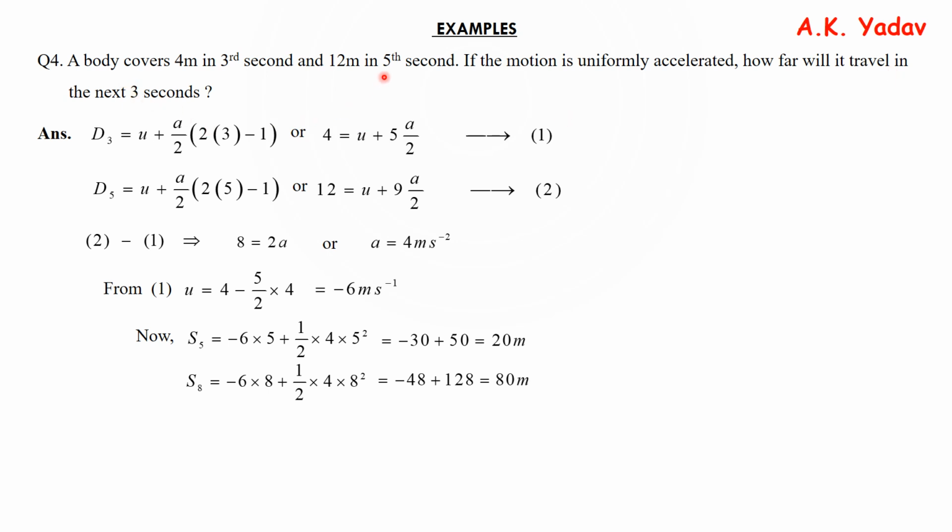So in 5 seconds it covered 20, and after 3 seconds, that is total 8 seconds. So if I subtract the distance of 8 seconds minus 5 seconds, I will get the distance traveled in the next 3 seconds. So S is equal to S8 minus S5, which is 60 meters.